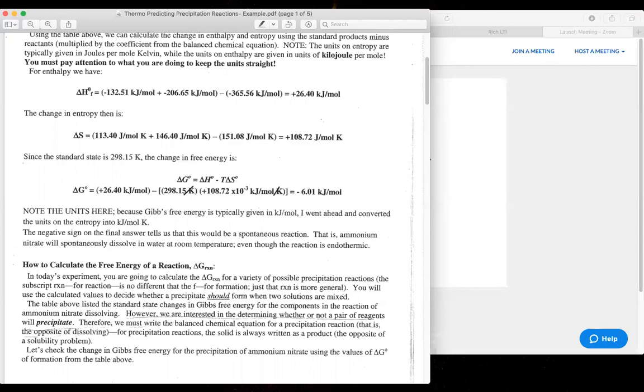For the Ksp for this, product over reagent, it is 1 over the concentration of calcium times the concentration of hydroxide squared. So we have to predict whether this will form a precipitate or not.